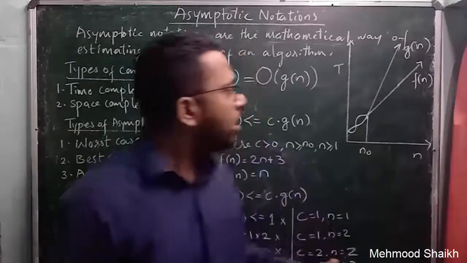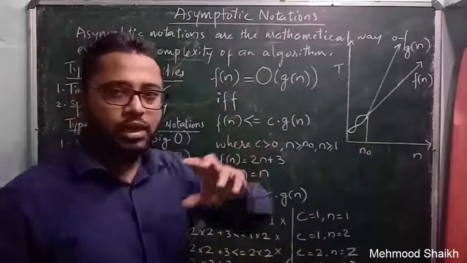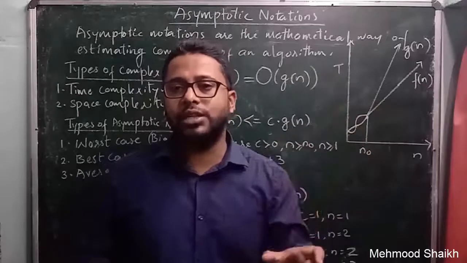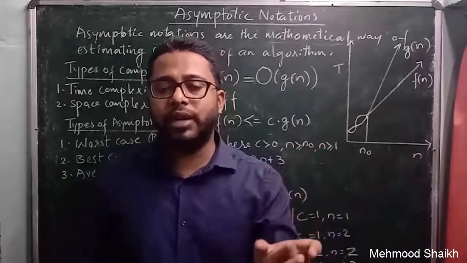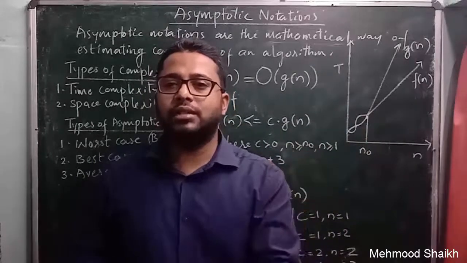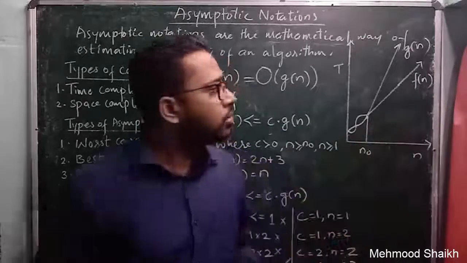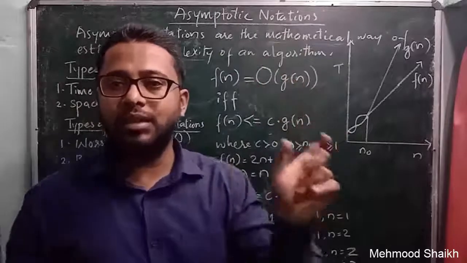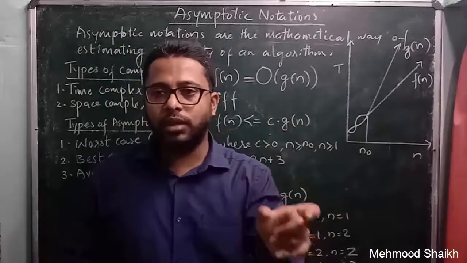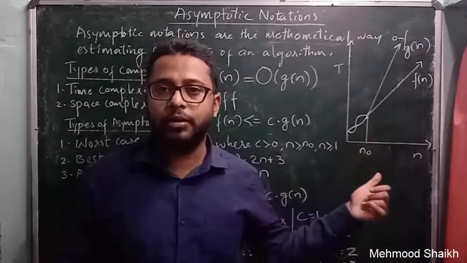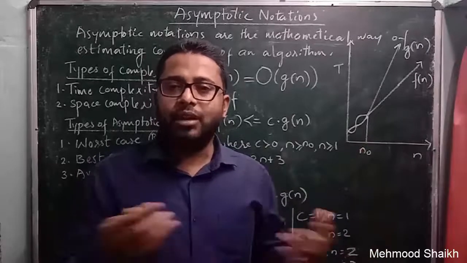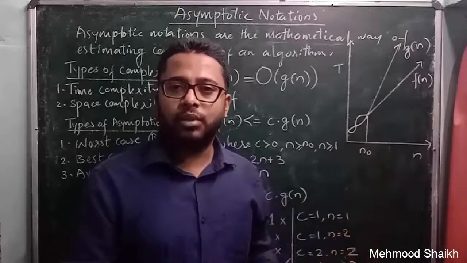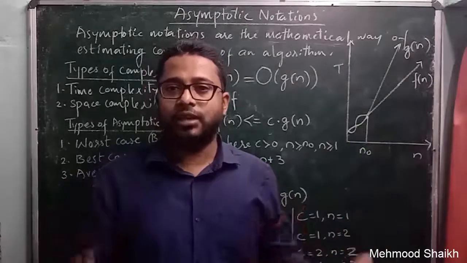I hope you have understood why we are learning asymptotic notations. With these notations we are trying to estimate the time as well as the space complexity of an algorithm. In the definition they have given the word mathematical. Why are we going with a mathematical way? Because we cannot accurately estimate the time and space complexity in terms of microseconds or nanoseconds.